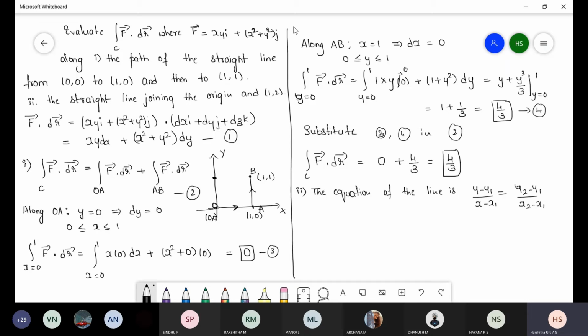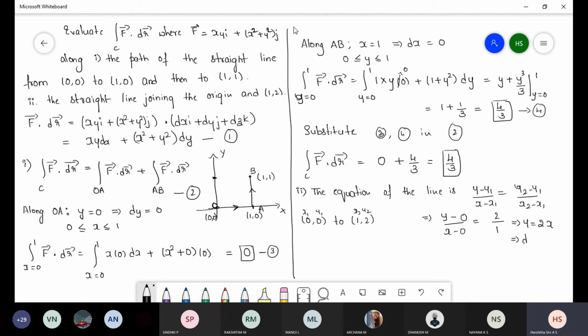Our points are 0, 0 origin to 1, 2. This is your x1, y1 and this will be your x2, y2. Same thing we substitute here. That implies y minus 0, x minus 0, 2 minus 0 that is 2, 1 minus 0 is 1. So we get y is equal to 2x.